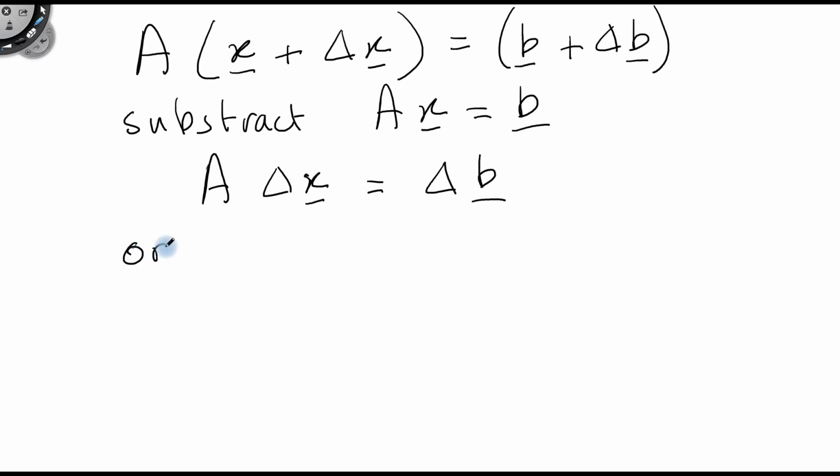Or, given x is our solution, we're interested in perturbations to the solution. Delta x is A inverse delta b. We don't have to explicitly calculate it, but it would be helpful to introduce the inverse here.